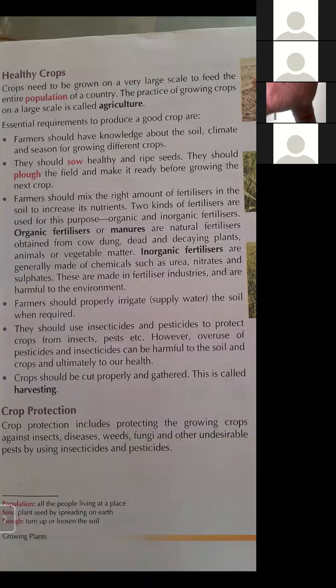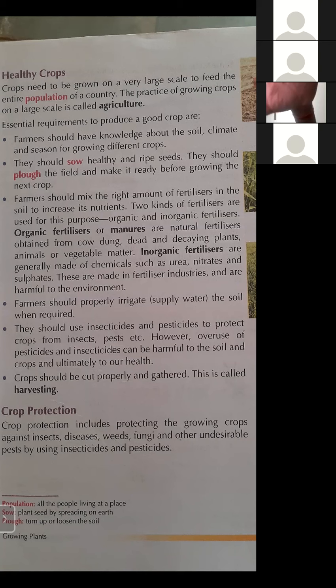So we can say harvesting of the wheat crop is going on nowadays. Crops should be cut properly and gathered at one place.